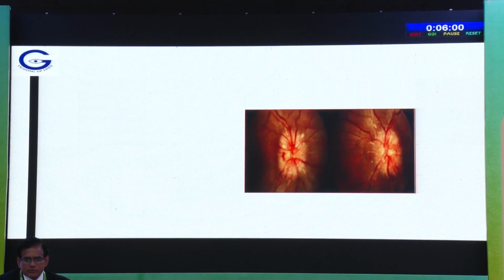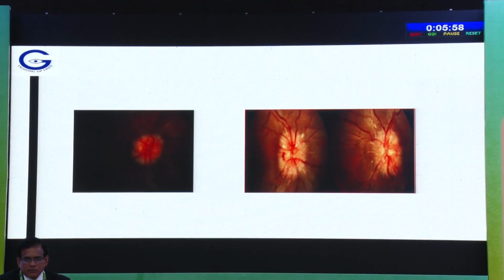Now look at this picture and this one, and look at this. There is a spot over here. When we see this yellow spot, it is suggestive of a disc drusen. That means it is pseudo disc edema. When we see this, there is blurring of disc margins, disc hemorrhage, obscuration of vessels, and dilatation of surface capillaries.